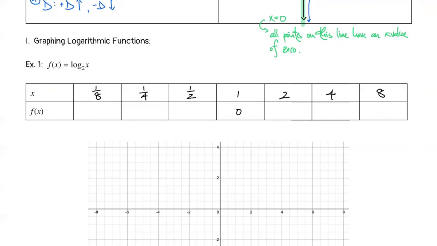In fact, this is log base 2 of 1. Let me write it down here. If I go through and plug in all of the X values, log base 2 of 2, log base 2 of 4, log base 2 of 8, all right.